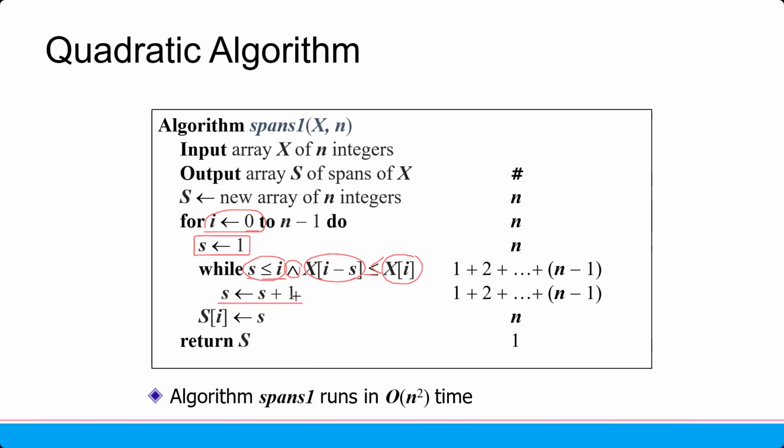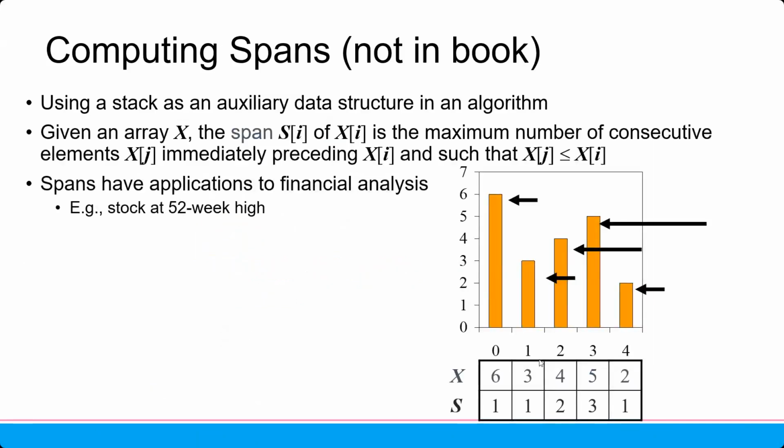So we will increase the s. So this is the algorithm. If this one is 1 and this one is higher, then the problem is done. Then we will do plus 1.